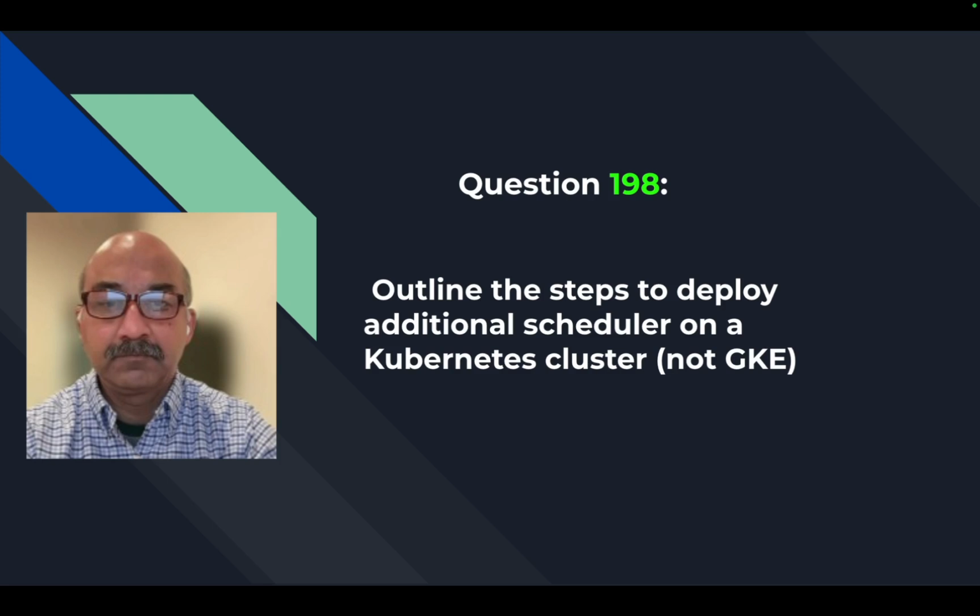But the idea here, what the interviewer is looking for, is your knowledge that it is not a fixed thing, that you can schedule your pods using a scheduler that fits your purpose. Although it's rare for that to happen, it is possible. That's really what the interviewer is looking for here.